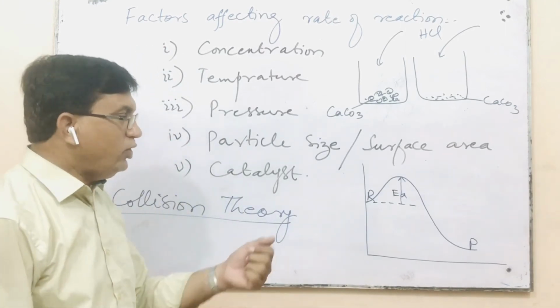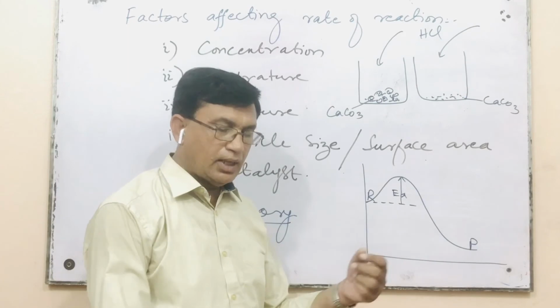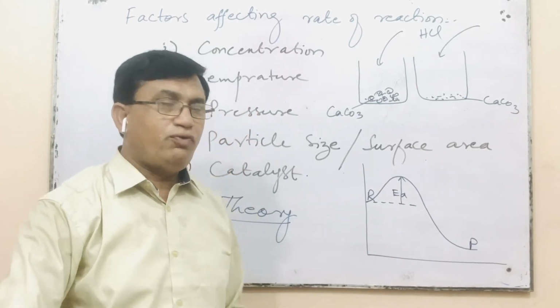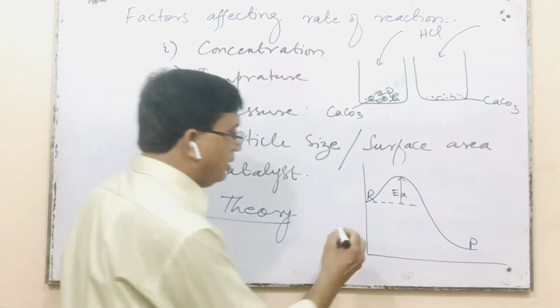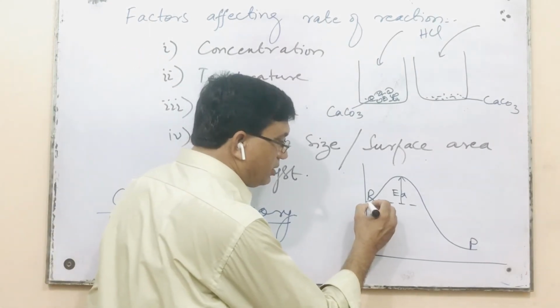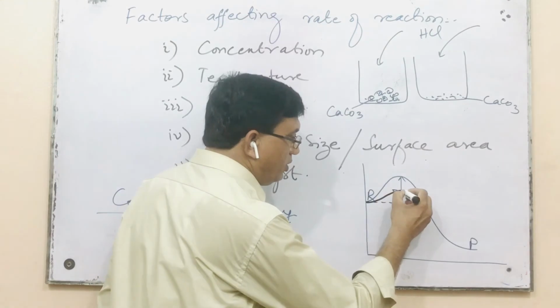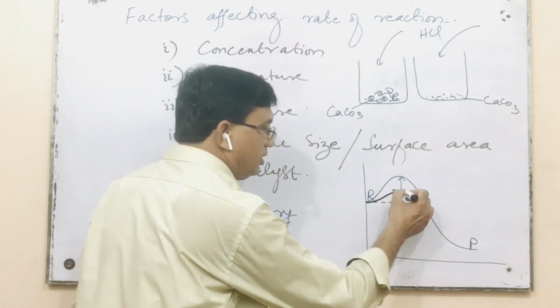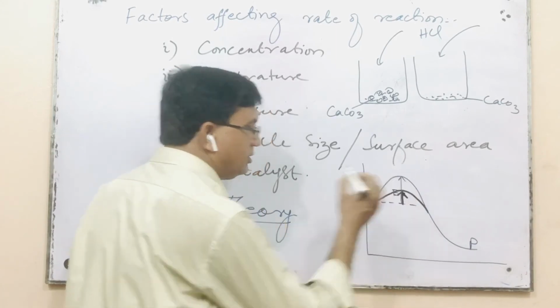But when we add a catalyst, what will happen? The catalyst will change the energy of activation. Say, on addition of the catalyst, the energy of activation decreases this much. Now, this is the new activation energy, this point.